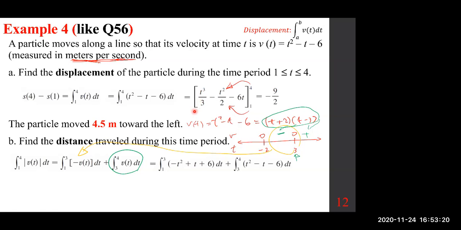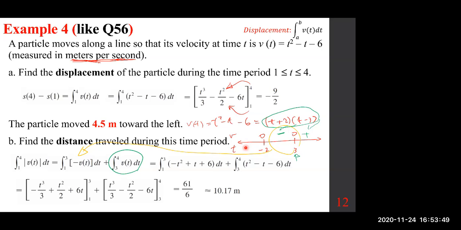So minus t cubed over 3 plus t squared over 2 plus 6t from 1 to 3, and the same thing from 3 to 4. Okay. And you plug in, I'm assuming everybody can do that, and you come up with the following number: 61 over 6 meters, precise, roughly 10.17.